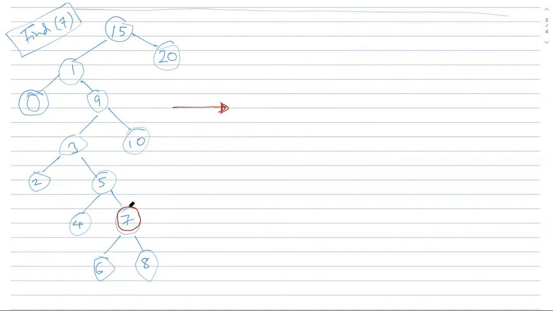So here we're going to keep asking this question: is 7 a left child of a right child? And those kind of questions. So in this case, 7 happens to be the right child of a right child. So when it's a right child of a right child, then we want to give a zig-zig rotation.